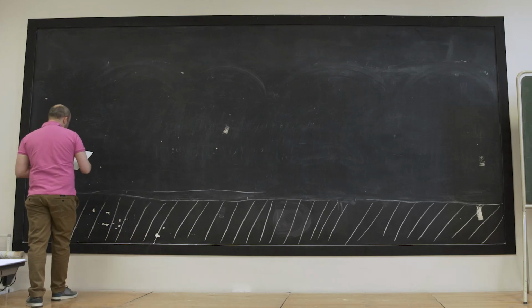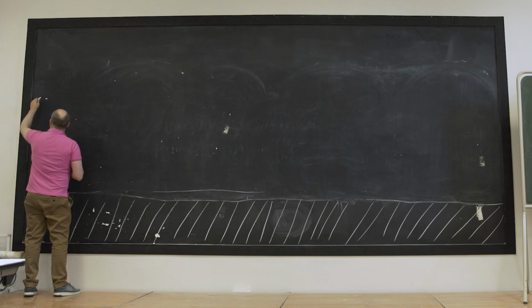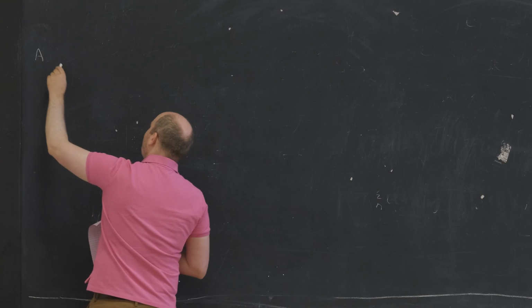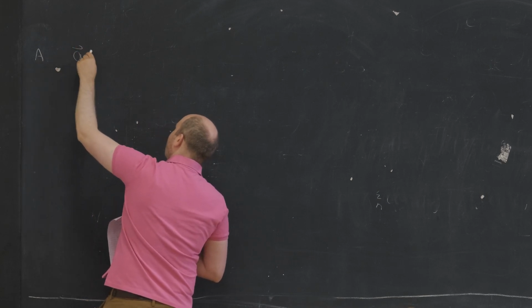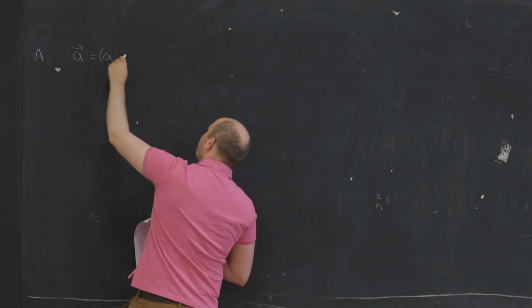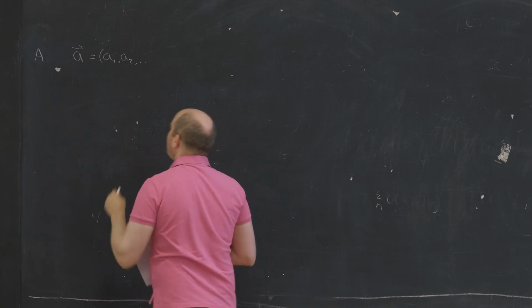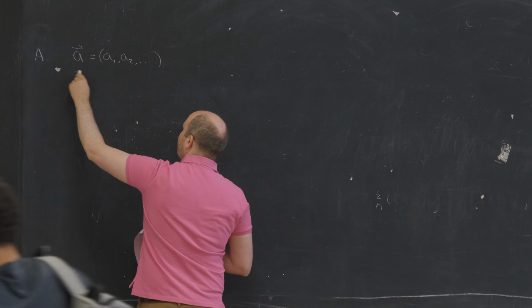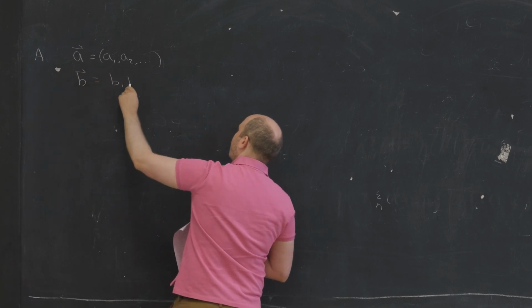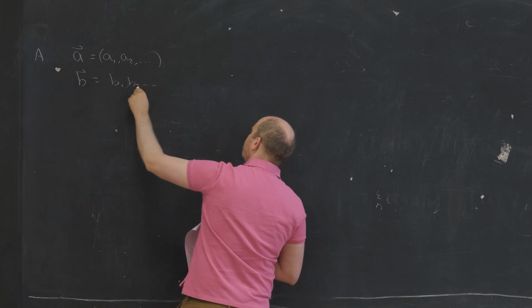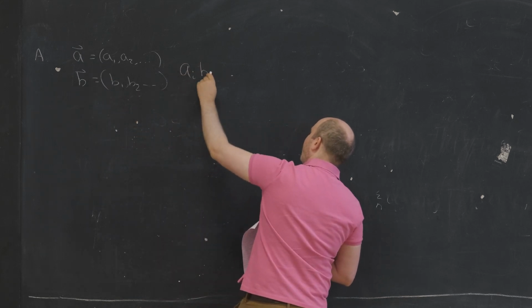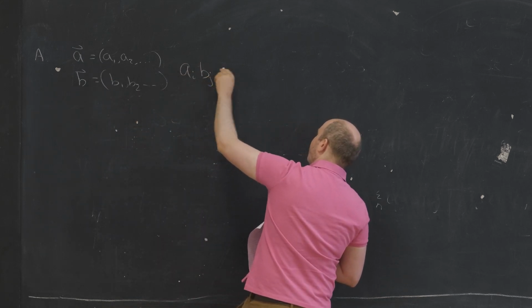So let me set the stage. If you'll recall, our Schur processes depended on parameters, collections of A's, I'll just think of this as some arbitrary list, and B's. I always assume that the A's and B's are all between 0 and 1.